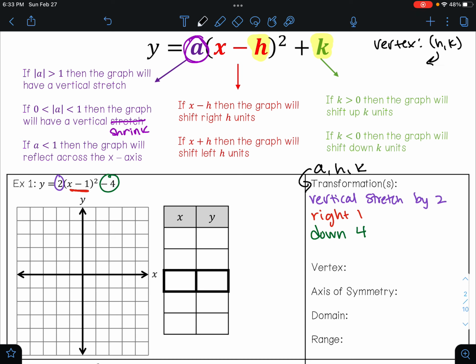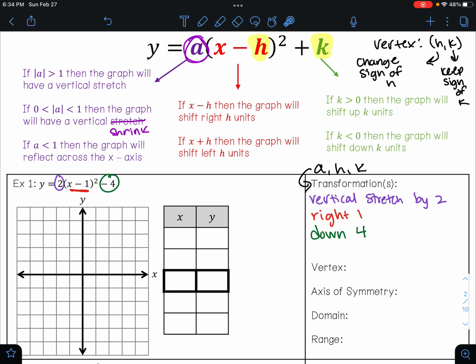When you find the vertex, you change the sign of h and you keep the sign of k. The reason you change the sign of h is because in the formula we have minus h, and so this negative is changing the sign of that h value.